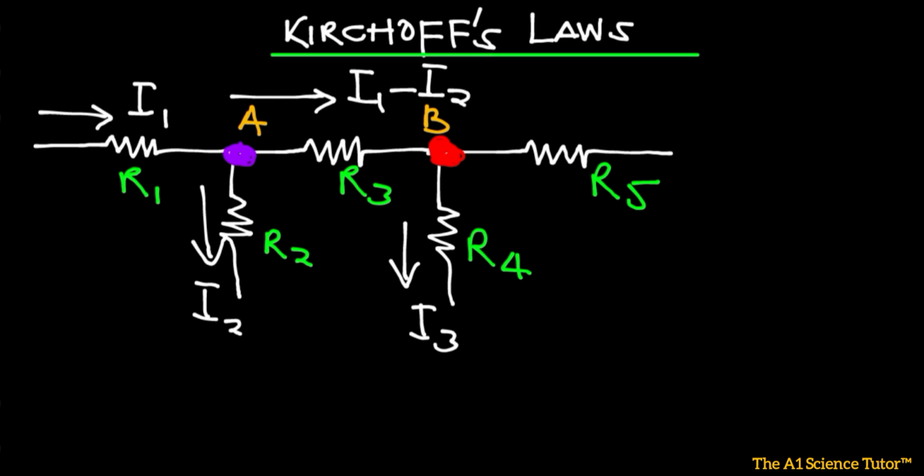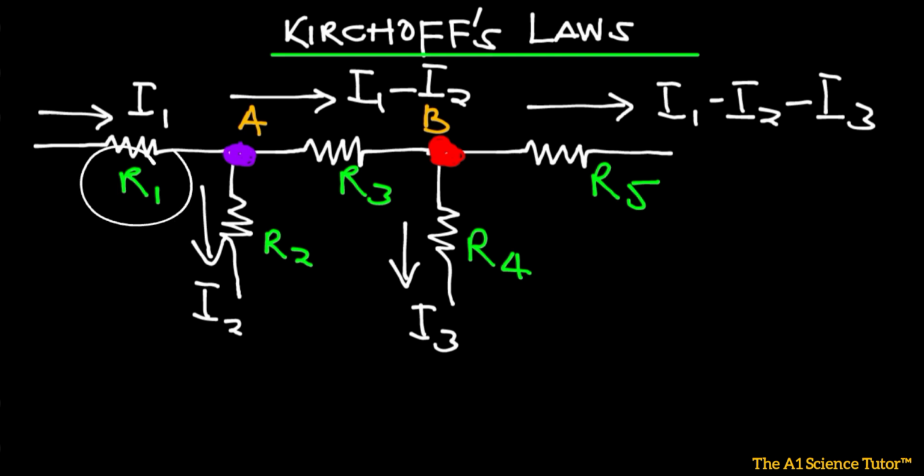Now, if we do that, we're going to know the amount of current that goes through R5. We just need to take I3 and subtract it from this. And we're going to have the rest of the current that goes through R5. So in order to find that current, we're just going to have I1 minus I2 minus I3. So this is going to be the current that goes through R5.